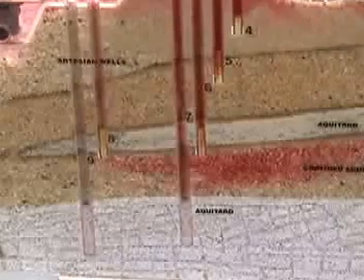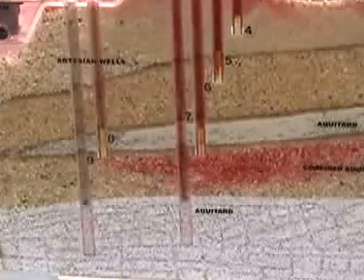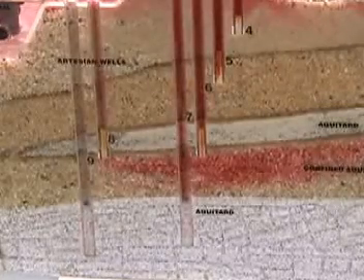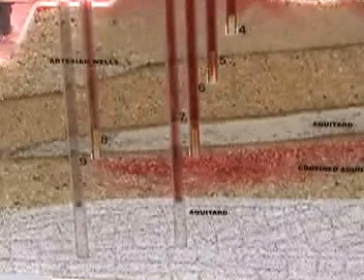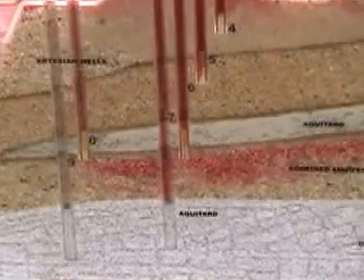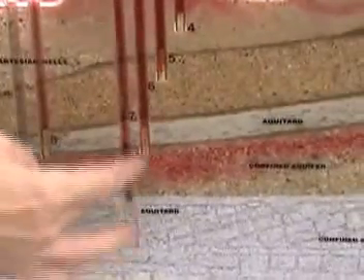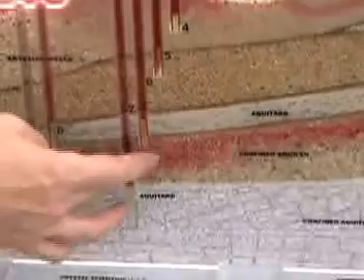It breaks the plume up. I'll do that again. So you can see how it separates this right here.